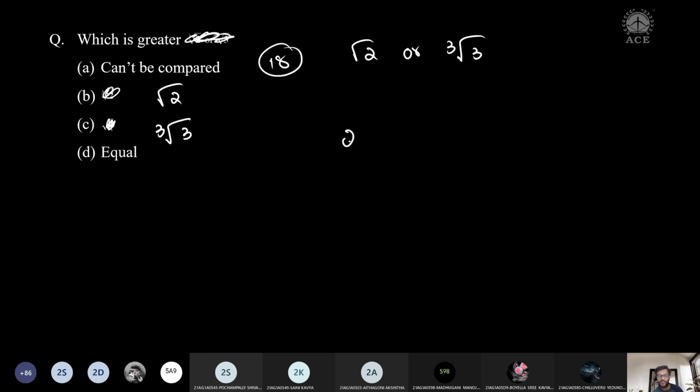Square root of 2 means 2 power 1 by 2. Cube root of 3 means 3 power 1 by 3. Base is not equal, we should maintain powers equal. How to maintain powers equal is, yes, we should take HCF for 1 by 2 and 1 by 3.